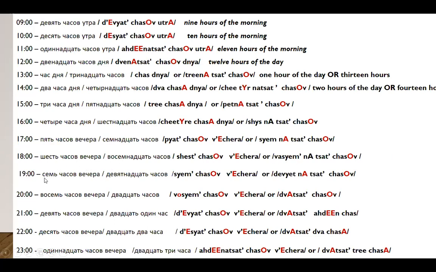19 will be 7 p.m. In Russian, it will be 7 часов вечера, or 19 часов. 19 hours, literally. 20, which is 8 o'clock p.m. in English.